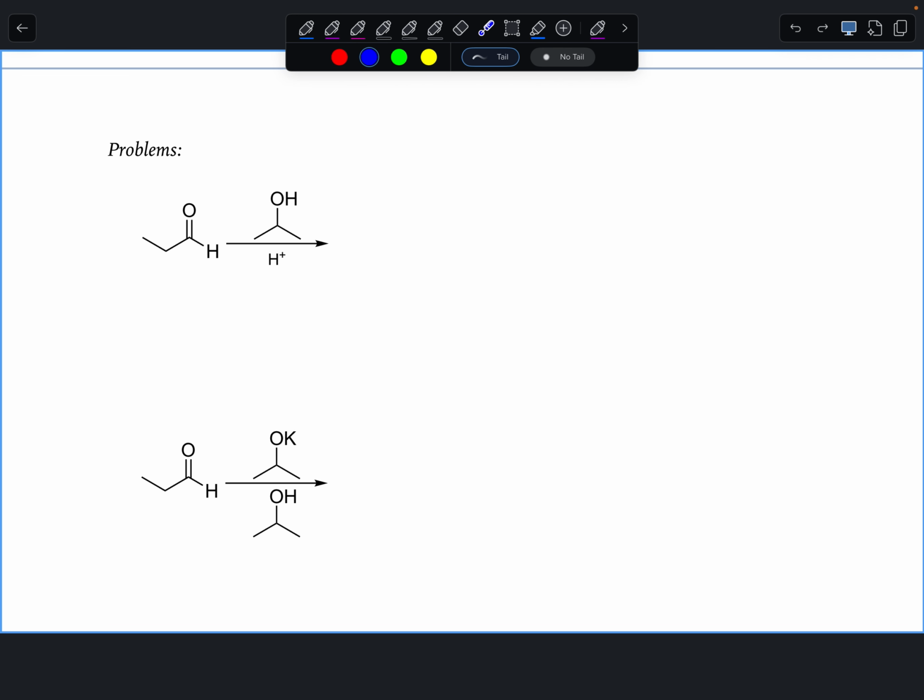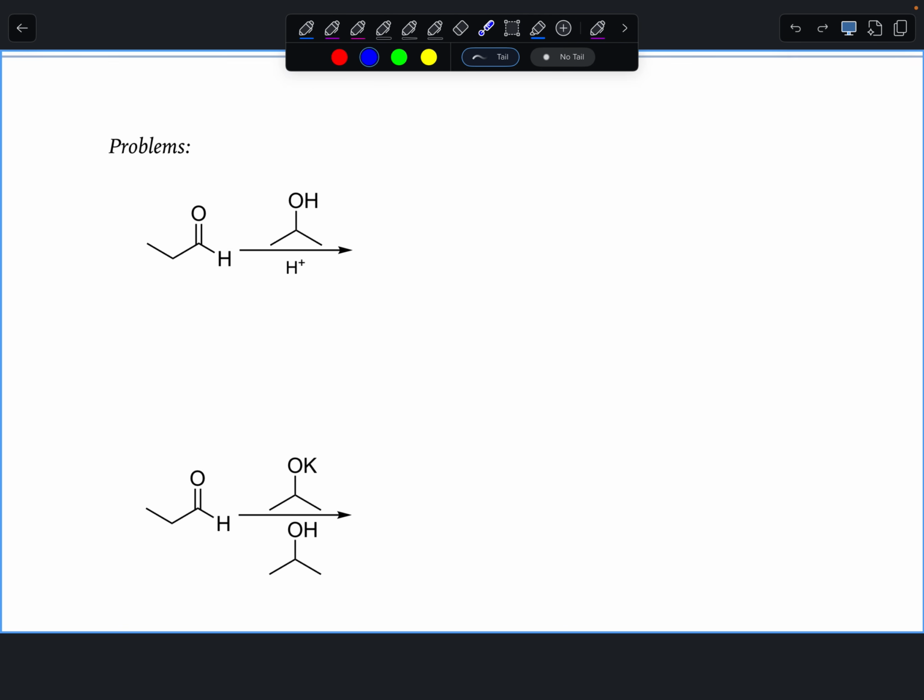What we find is that we will form not an imine, but a different functional group where we have a double bond between what was the carbonyl carbon and a carbon next to it, and that nitrogen will have all single bonds. This is when we have only one hydrogen attached to the amine coming in. This is a secondary amine, so it has one hydrogen and two R groups. Those R groups don't have to be the same.